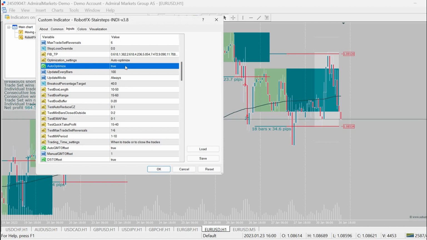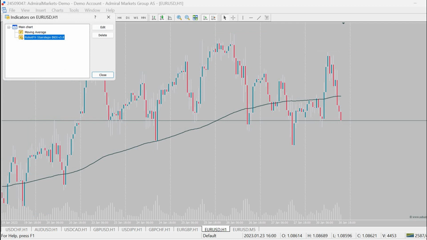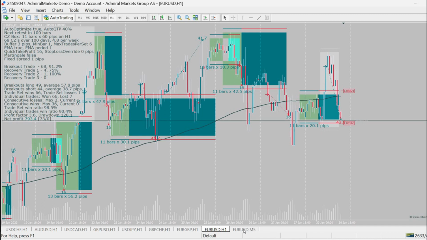And if you set the indicator's auto-optimize option to true, then the indicator will find the best settings, the best dimensions for the consolidation zone, the buffer, and so on. Just make sure both of them, the indicator and the expert advisor, use the same magic number, and both of them are attached to similar charts.